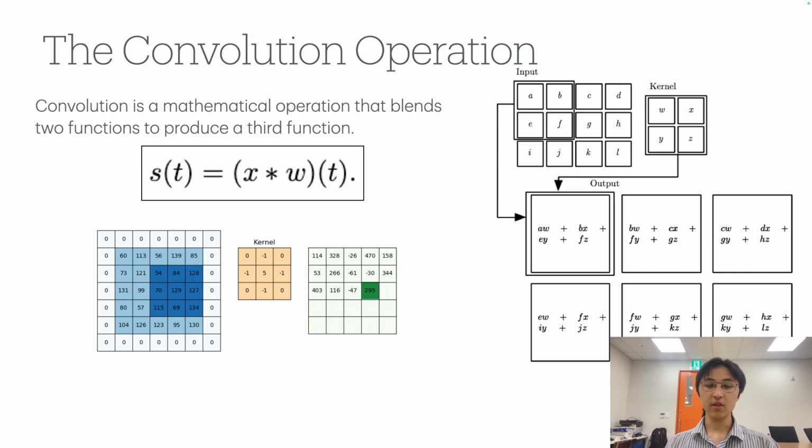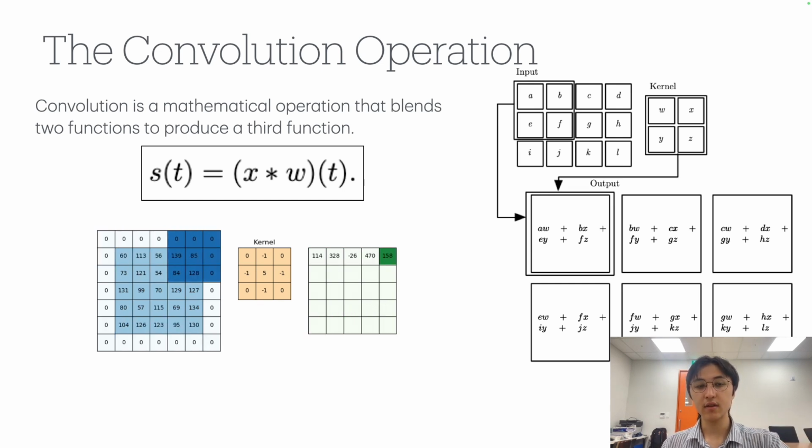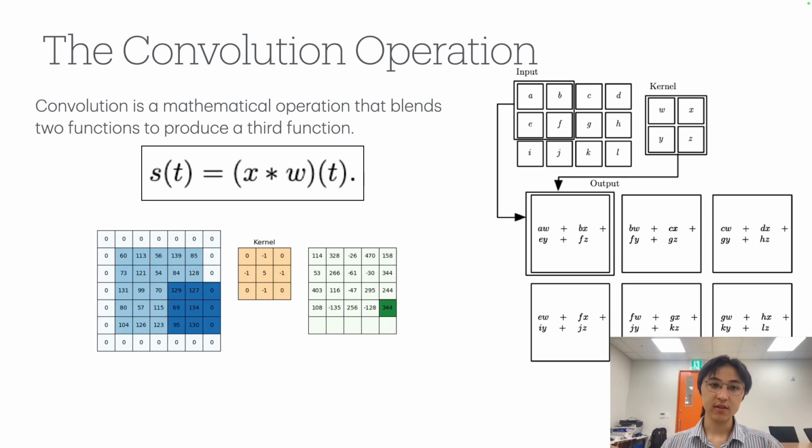If you look at the animation, you can see clearly that we are applying this 3 by 3 kernel to the 7 by 7 image, calculating the convolution operation, and it results in another smaller grid, a smaller representation. So that's what convolution operation means.